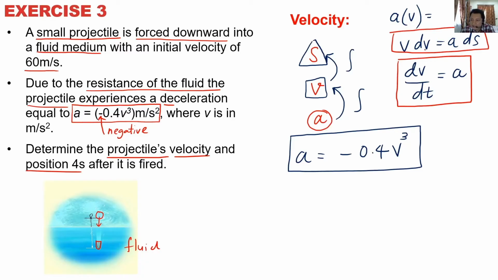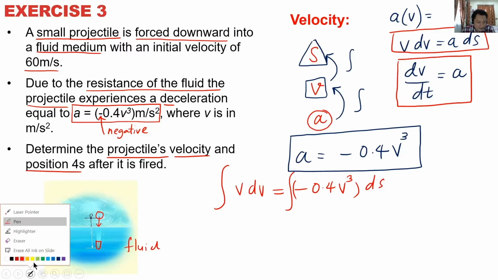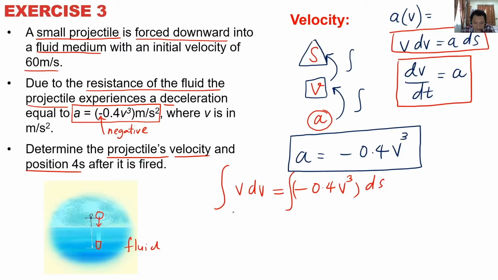If you plug in here, in v dv equals a ds, what do you get? So let's try v dv equals negative 0.4 v cubed ds. If you integrate both sides, you need to put in the initial conditions.